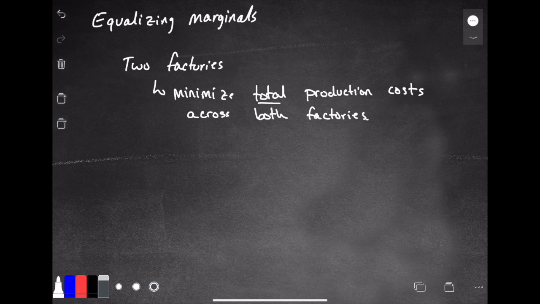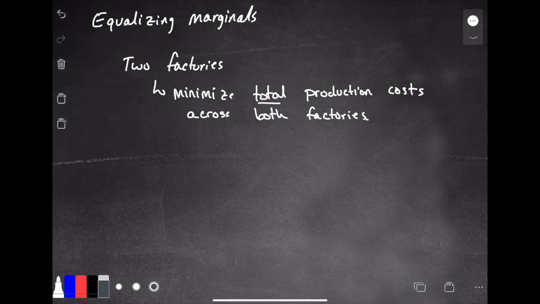In other words, we won't produce at one factory at a higher marginal cost than we could at the other factory at a lower marginal cost, regardless of what the average costs are across both of these factories.